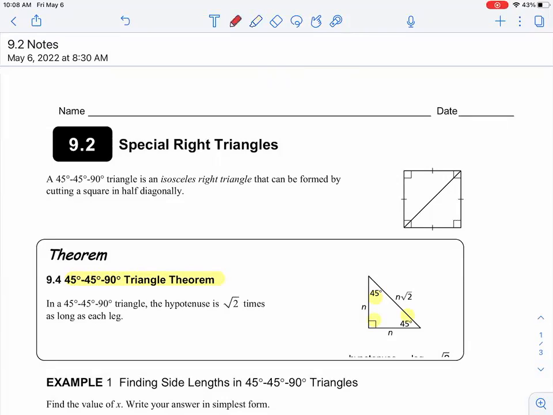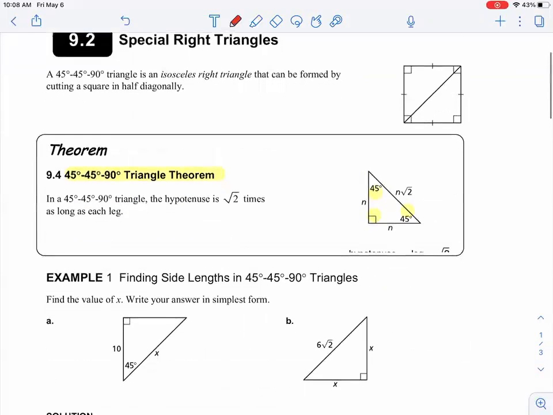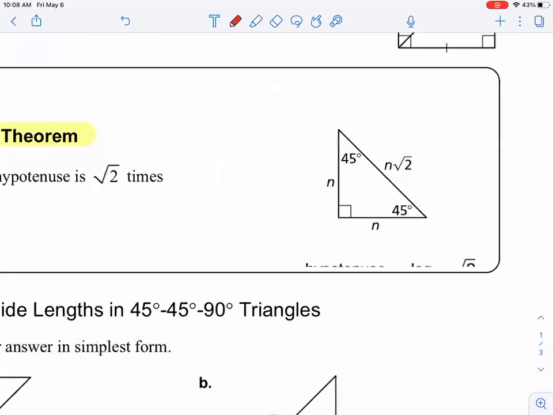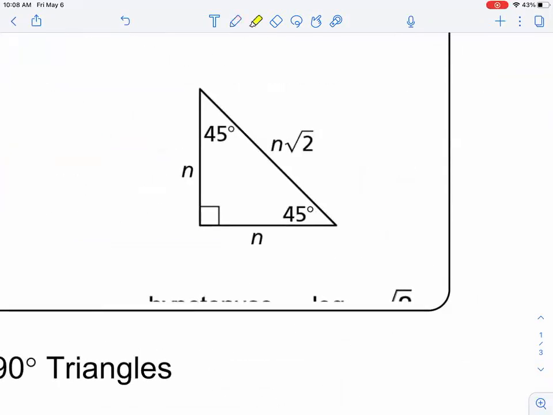And the shortcut to find the side lengths of a 45, 45, 90 is given by this shortcut, okay? If these two angles are 45 degrees, the sides across from them are always the same. It's called isosceles, meaning those two sides have the same length, no matter what, if it's a 45, 45, 90 triangle.